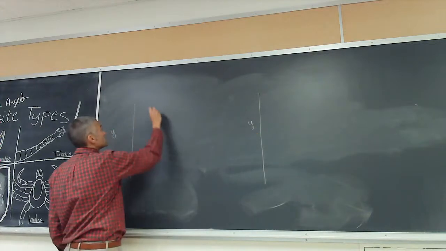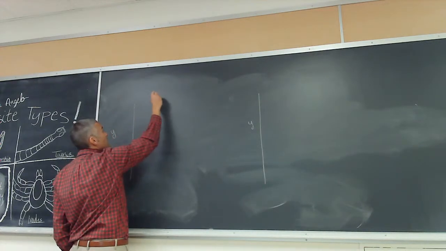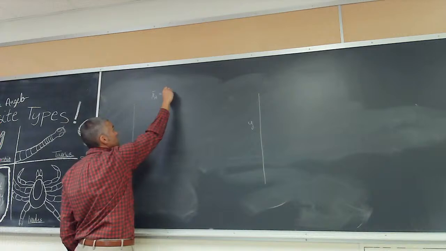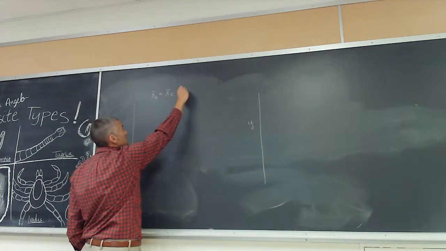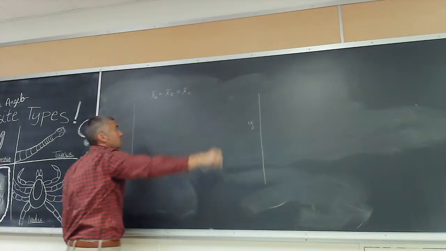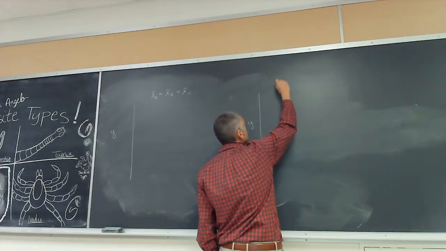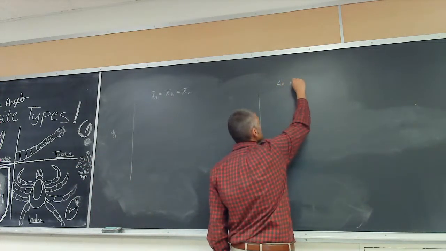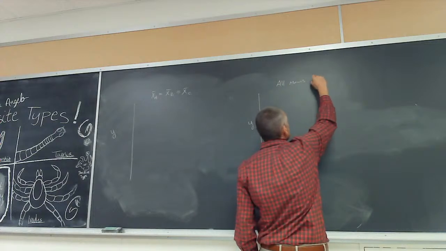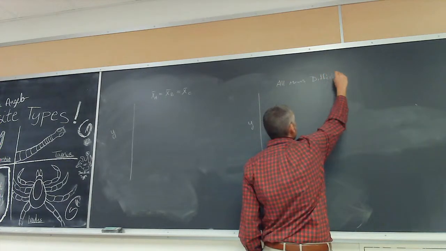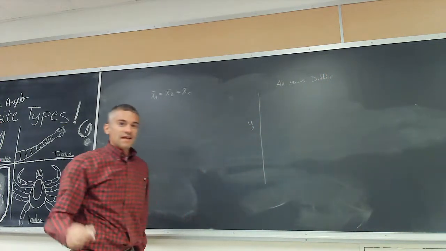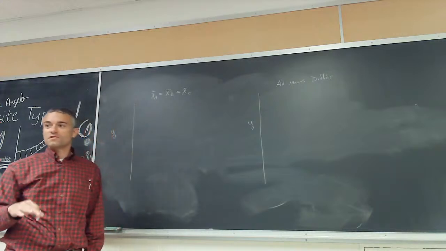What we're going to say is x bar of A is equal to x bar of B is equal to x bar of C. That's going to be our first one. This one's going to be all means different. Our analysis of variance is testing if our means across the groups are the same.